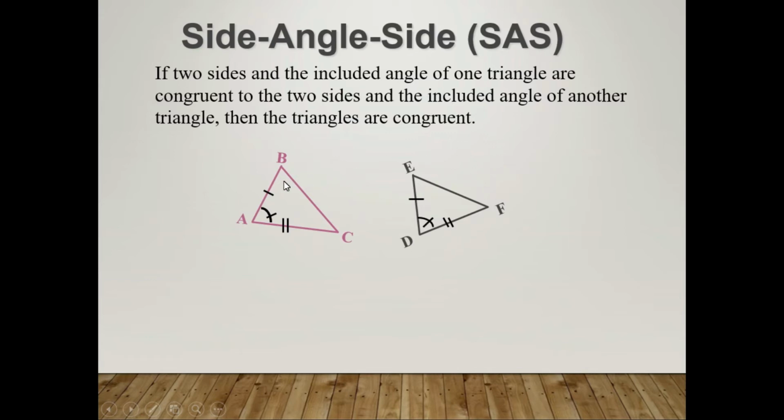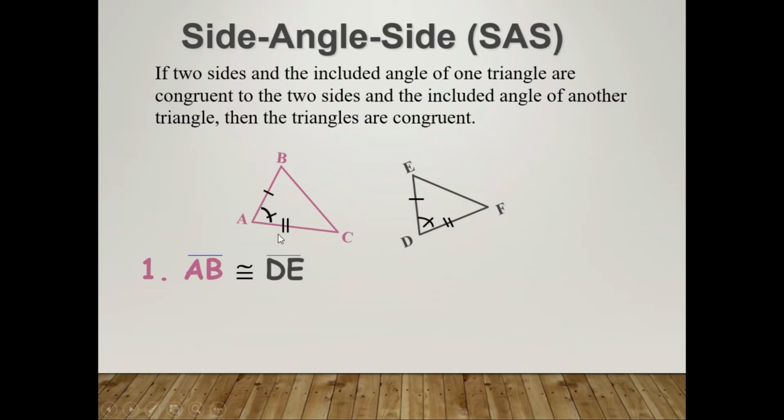And we have again markings for the sides and the included angle that we will be using to prove that these triangles are congruent. So, for the first given, we have line segment AB is congruent to line segment DE.